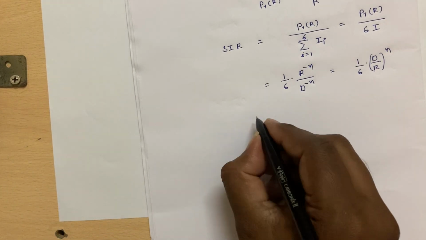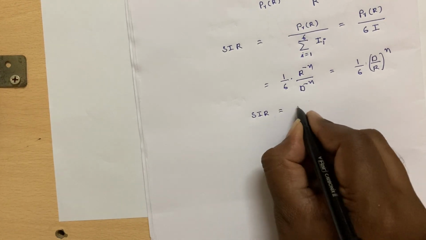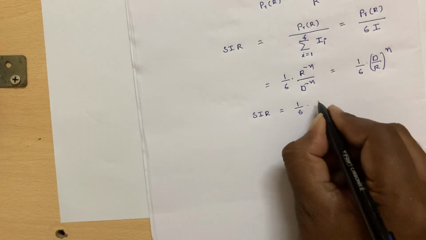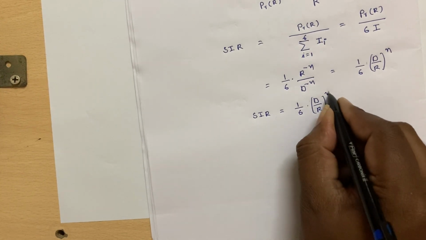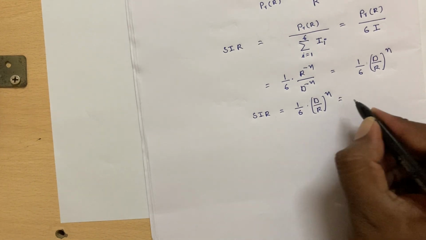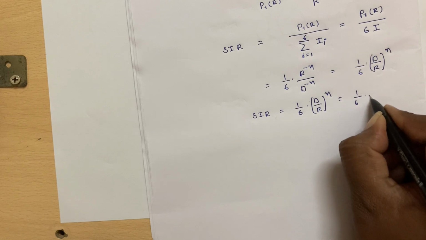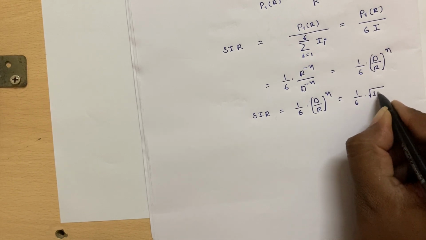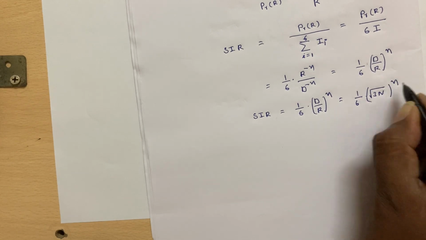So this is actually the SIR relation. SIR is equal to 1 by 6 into d by r power n, and we know d by r, we have just derived that, that is 1 by 6 into root 3n power n.